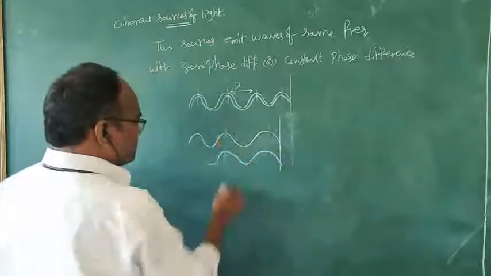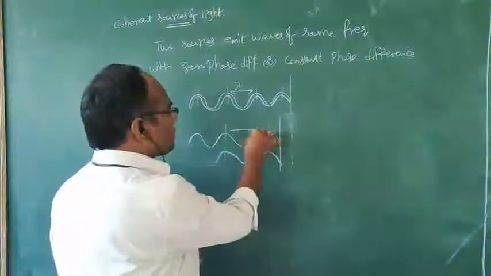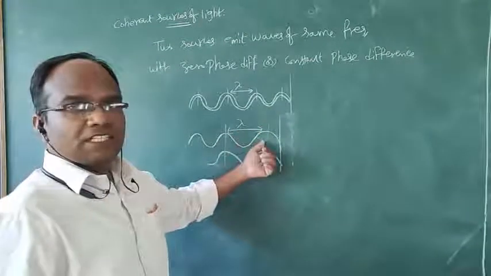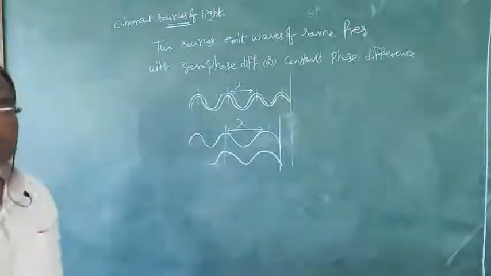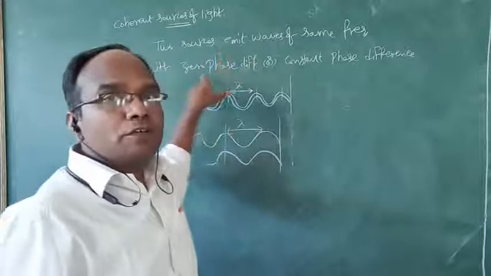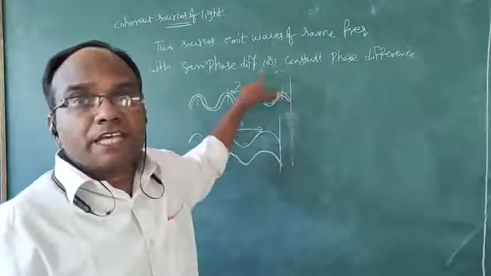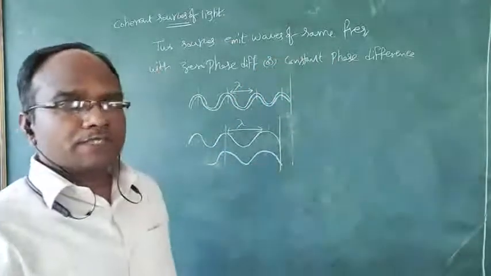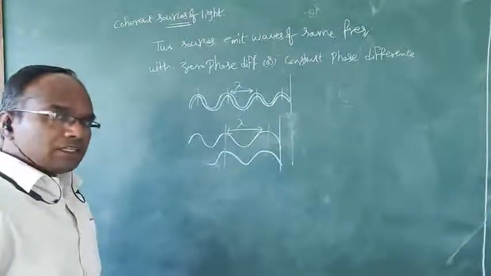Zero phase difference. Then also it is nothing but a coherent source of light. The distance between two crests is nothing but lambda. So two sources emit waves of same frequency with zero phase difference or constant phase difference, same wavelength, then that is nothing but coherent sources.